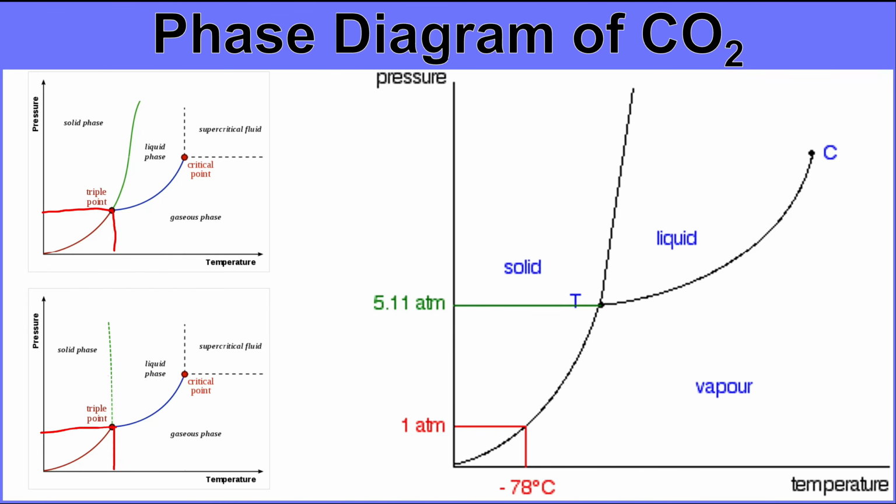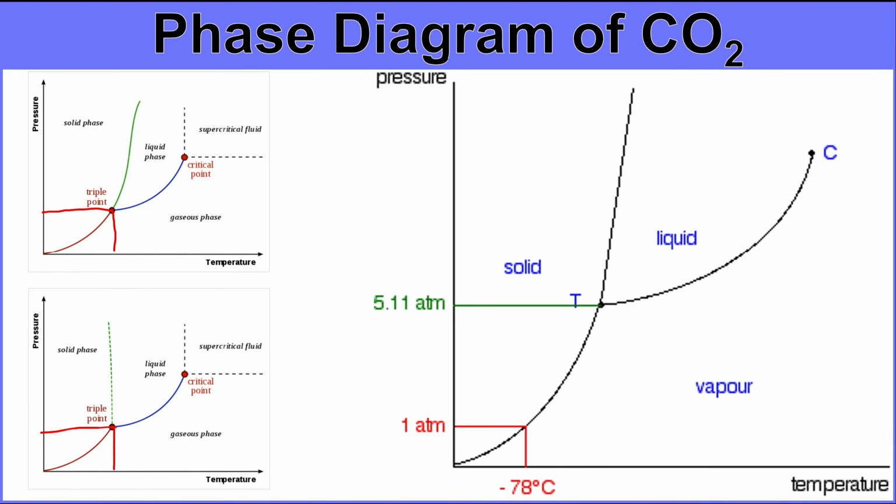Again, the only thing special about the phase diagram of CO2 is the position of the triple point, which is well above atmospheric pressure. Meaning it is impossible to get any liquid carbon dioxide at pressures less than 5.2 atmospheres.